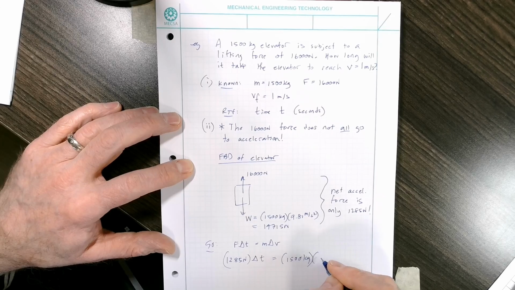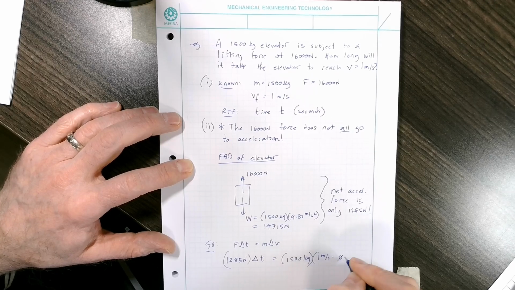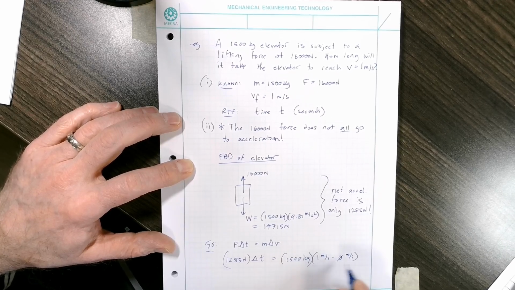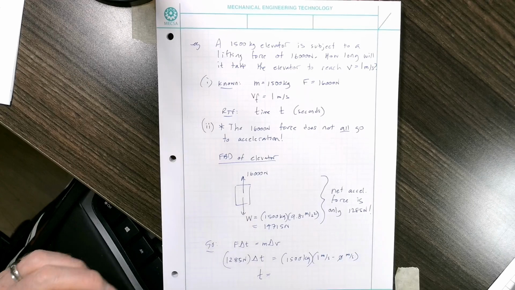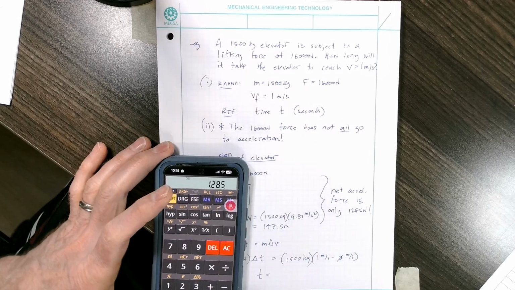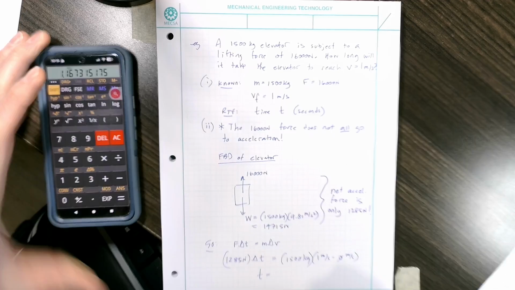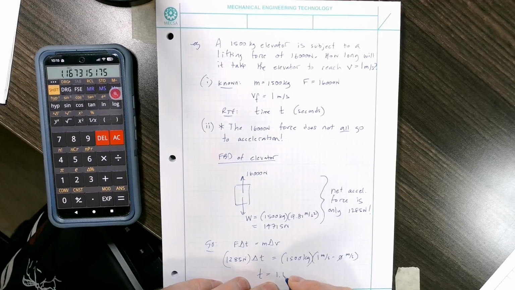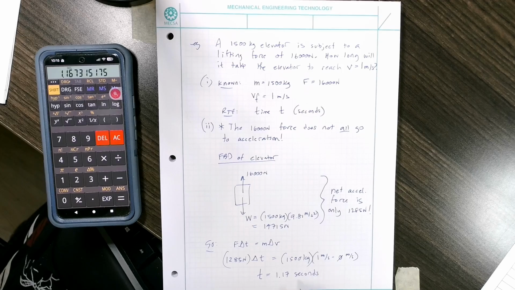Delta V, well, final V is 1 meter per second, initial V is 0. Initial T is also 0. T equals 1,500 divided by 1,285, and out pops the answer, 1.17 seconds. I wouldn't take that to 2 decimals in reality. If you actually measured the thing, 1.2 would be reasonable.